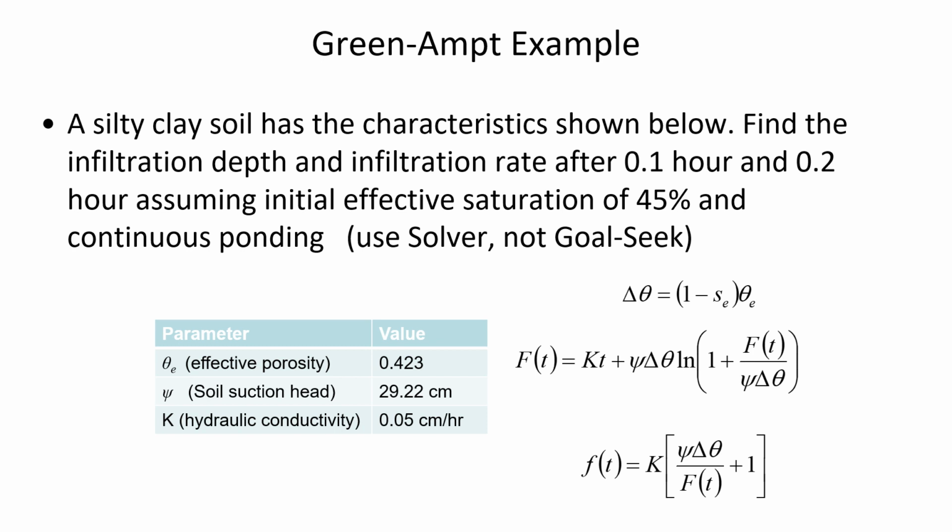If there's not continuous ponding at the surface, the infiltration rate won't decline as quickly as predicted by Green-Ampt. All right, so with that caveat, we're going to find the infiltration depth at 0.1 hours and 0.2 hours, assuming effective saturation of 45% and continuous ponding.